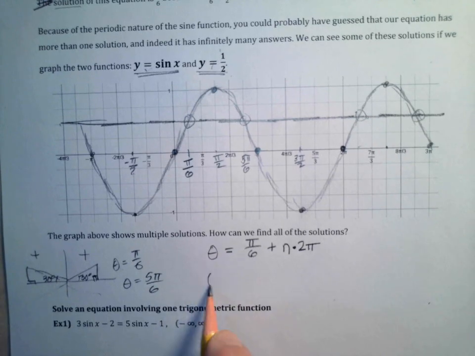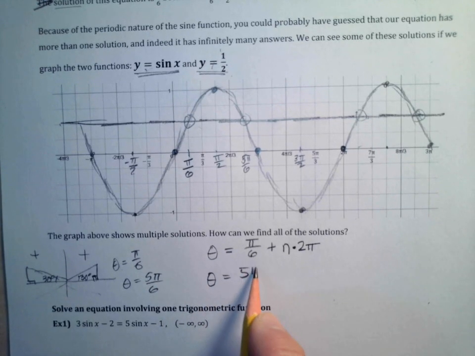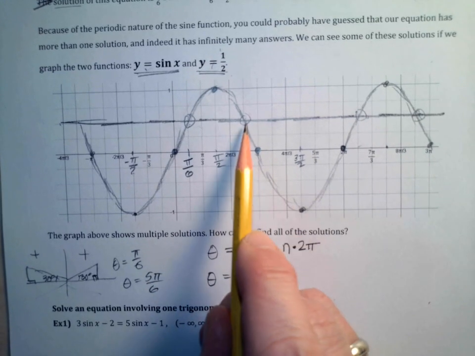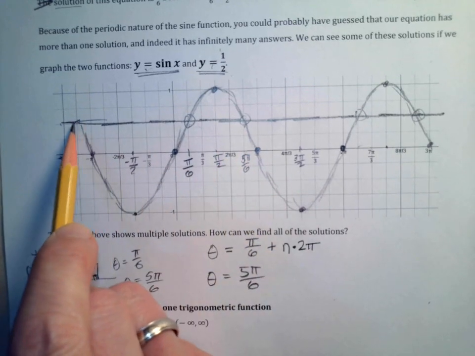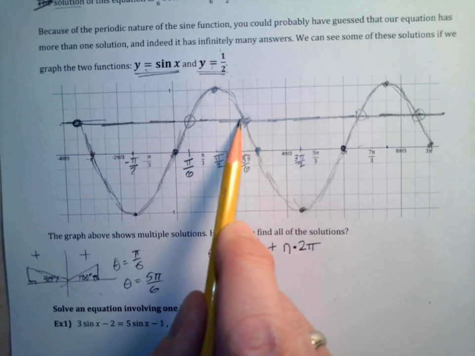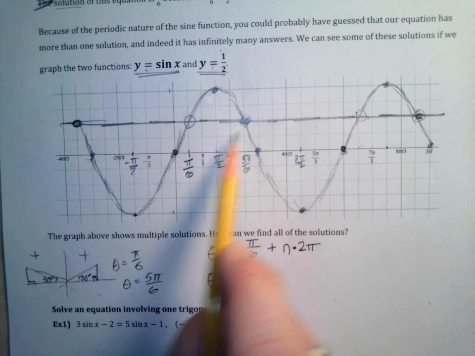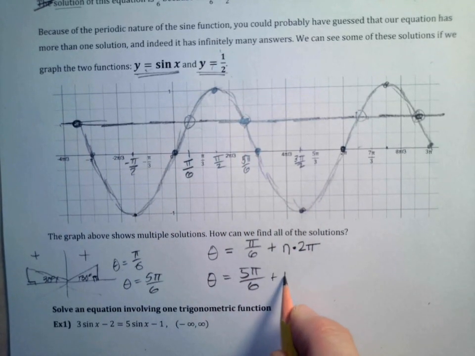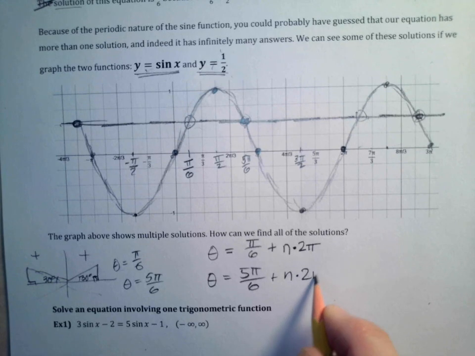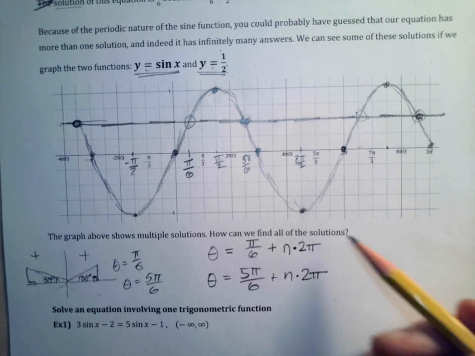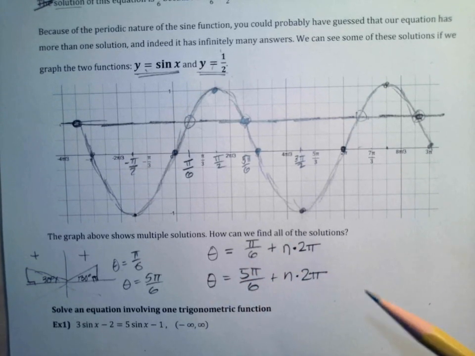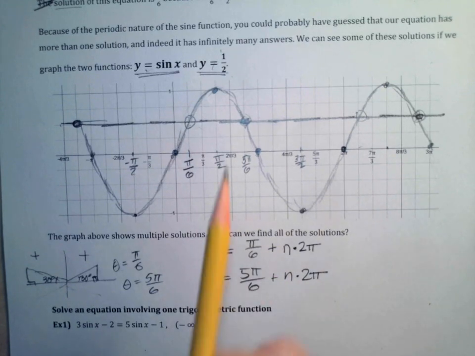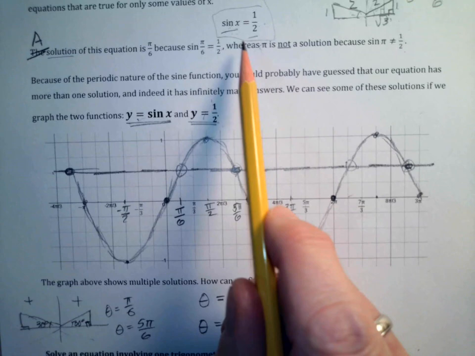And then same kind of thing, theta equals 5 pi over 6. That's this one, and then it's here and here and here. So we could subtract 2 pi or add 2 pi, so plus n times 2 pi. All right, so that's how you would write all possible solutions to that original equation up here.